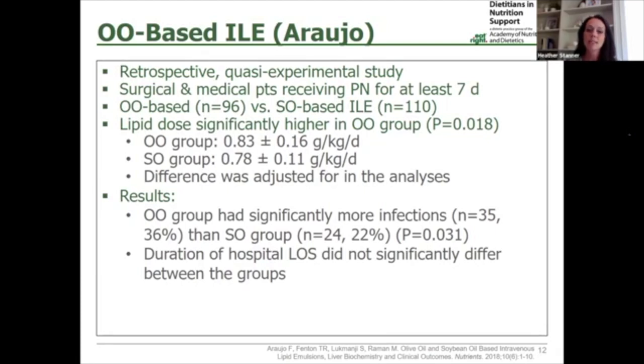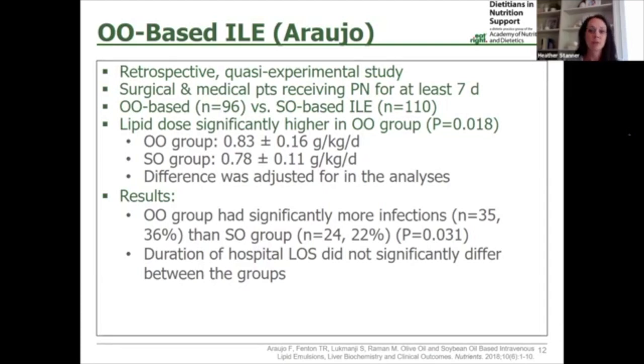So they looked at patients that received olive oil-based ILE compared to soy oil-based ILE in 96 and 110 patients. And again, this was not a randomized prospective trial. This was looking back at patients that had received these lipids for at least a week. And they were also receiving treatment at different time periods over a period of 3 years.